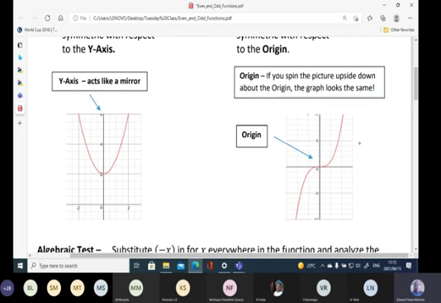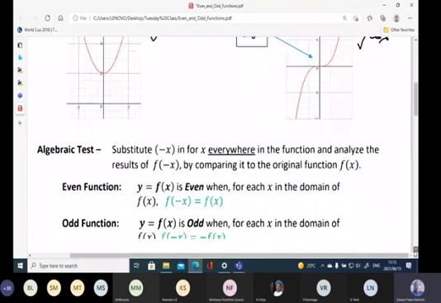This one is symmetrical about the y-axis, like a mirror. If you spin the picture upside down about the origin, the graph looks the same. So this type of function is odd, and this one is even, this one is odd. Odd, even. So you can be asked to identify these graphically.